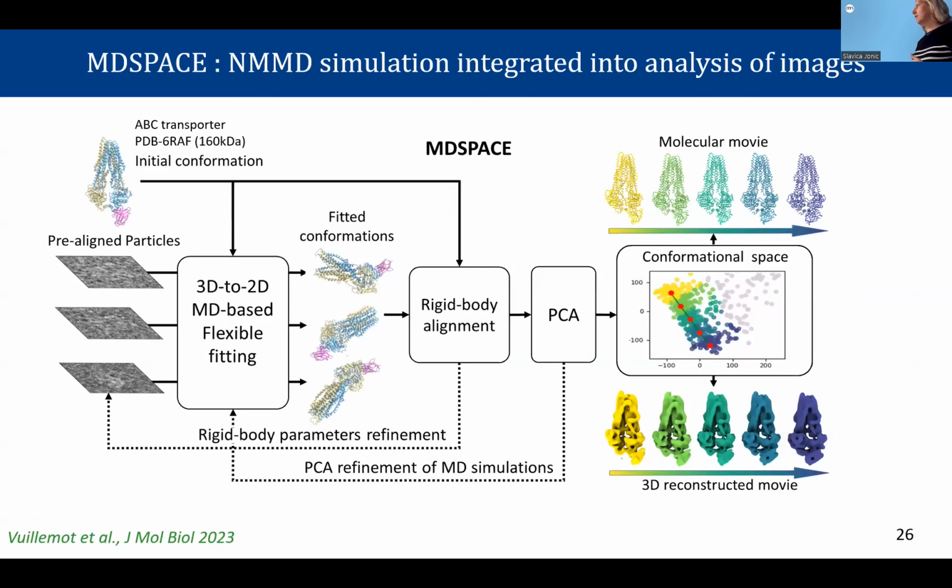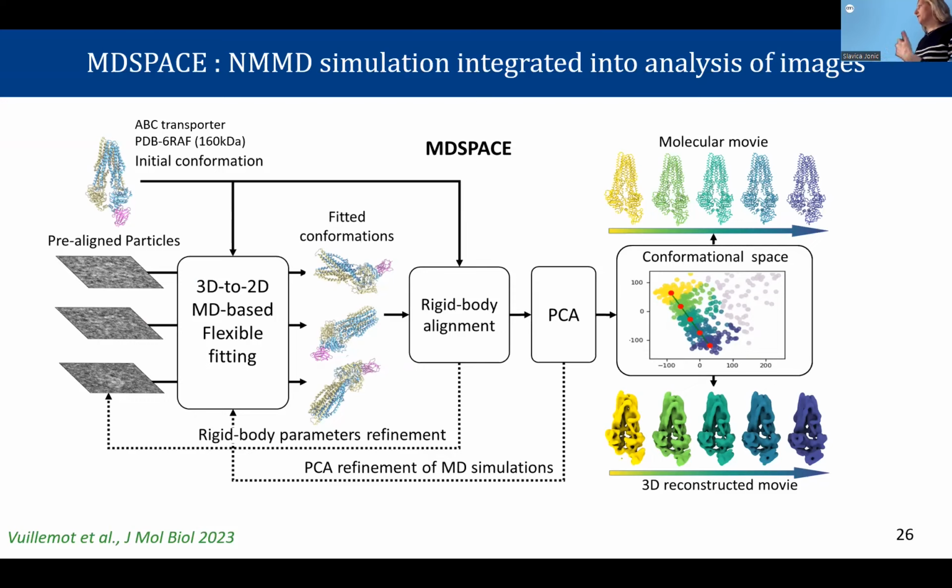This is the full protocol, and you can run several iterations of MD-space. So what we have is one initial structure, then we fit each image independently using this NMMD. We obtain fitted conformations. I should say that the images are rigid body pre-aligned. So in this particular method, we get the orientations and shifts by some classical methods like Relion or whatever.